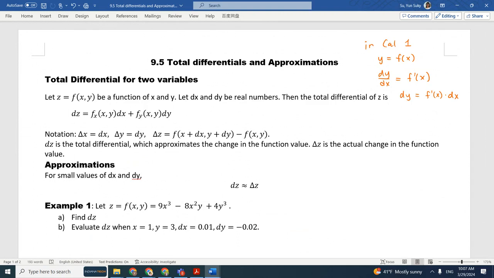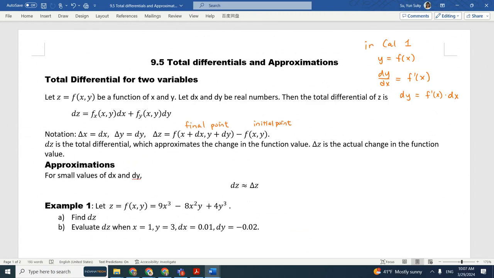And notation. Change of x is dx, change of y is dy. The change of z is not dz. It's actually f of the final point minus f of the initial point. Is that okay, everybody?